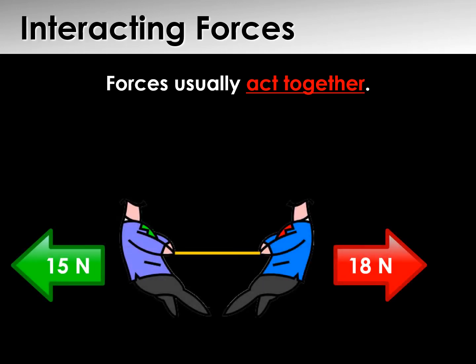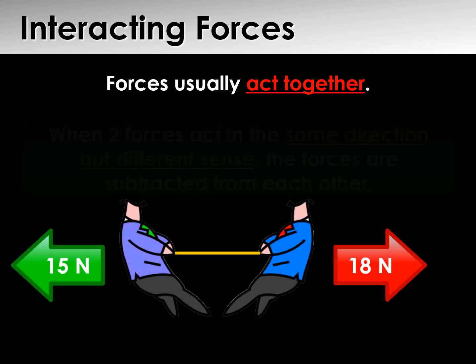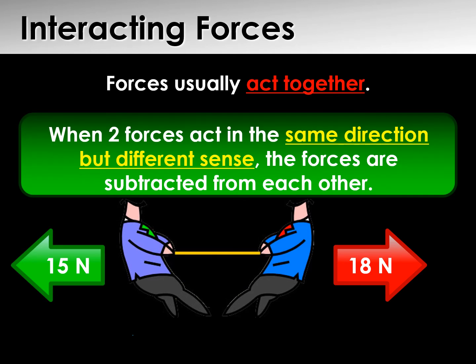And if you have two forces that are acting in the same direction in the x-plane, and they have opposite sense of direction, so this one points to the right and this one points to the left, you subtract them from each other.